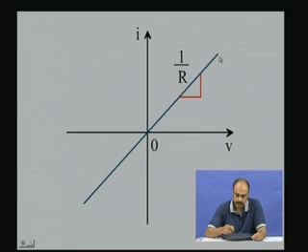On the other hand, if this resistor line is aligned along the V axis, that is the x axis, then R is infinite as the slope is 0, slope of this line is 0. So, we see that the resistor line can vary from short circuit along the vertical axis to open circuit along the horizontal axis, and in between it can take any value from 0 to open circuit.